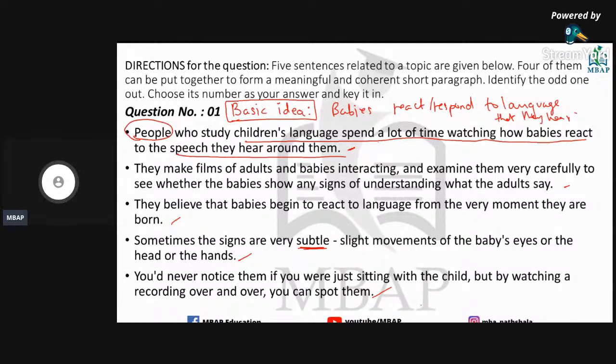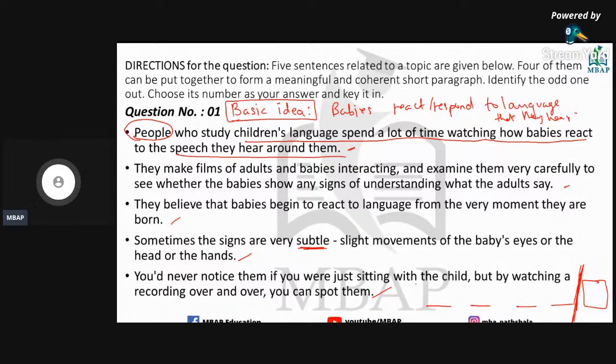So, guys, if I have to form a coherent paragraph out of the given five sentences, I know there are only four sentences which will form a coherent paragraph, as I told you at the very beginning. And the sentence which will not be a part of this arrangement will be my answer. So, I'm looking for that fifth sentence, which is out of the context.